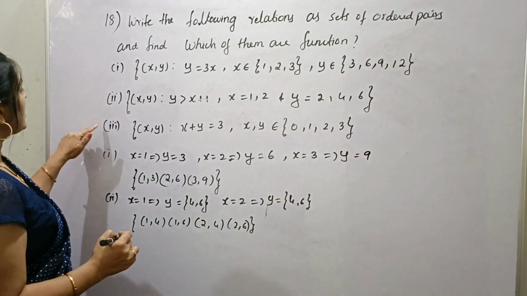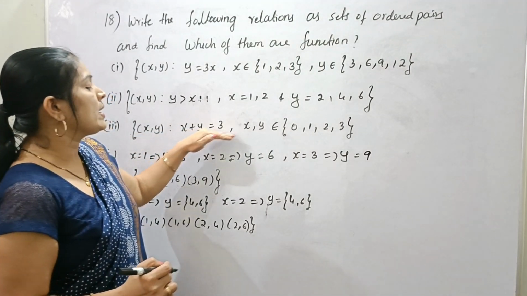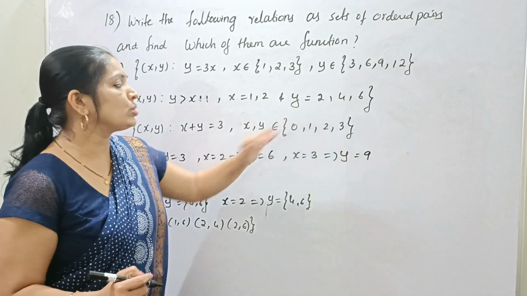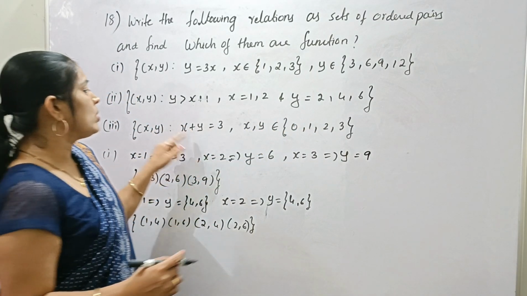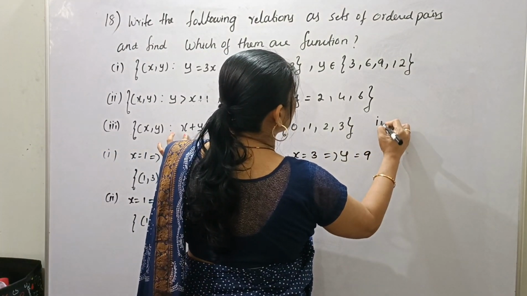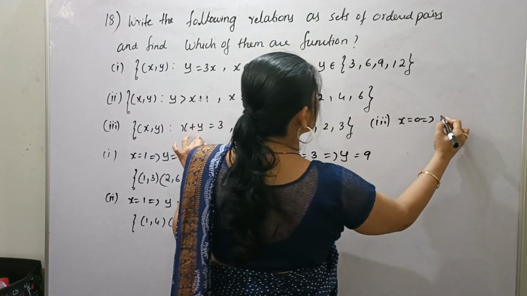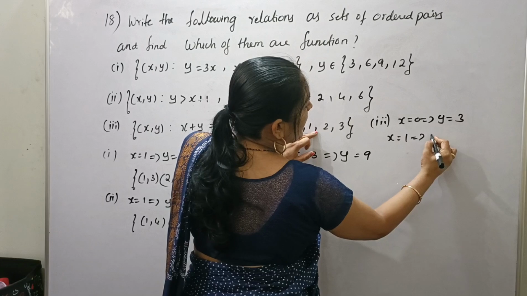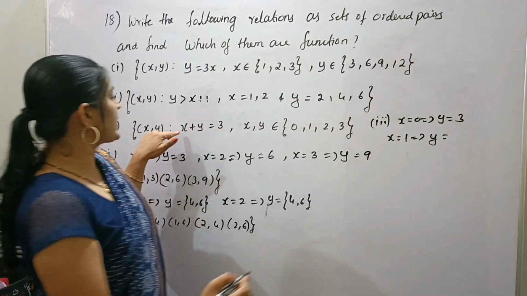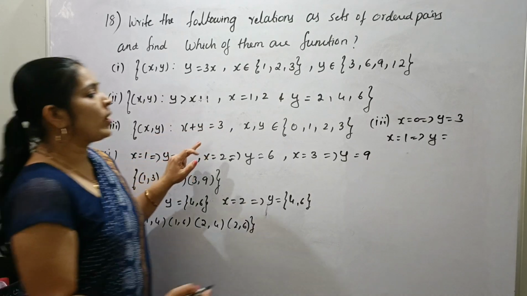Next, third one. The set of (x, y) such that x plus y is equal to 3, x, y belong to {0, 1, 2, 3}. So here also substitute x values one by one. When x is equal to 0, y is equal to 3. When x is equal to 1, y is equal to 3 minus 1, 2.